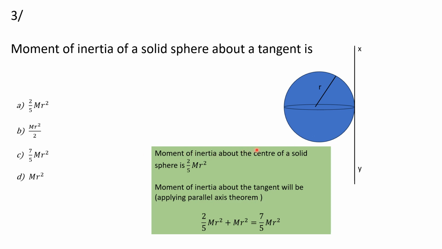We know the moment of inertia about the center of a solid sphere is 2 by 5 mr square, and by applying the parallel axis theorem, the moment of inertia about its tangent would be equal to 2 by 5 mr square plus mr square. This mr square comes from the fact that the mass of the sphere is m and the distance from the center to the tangent is r. So 2 by 5 mr square plus mr square is equal to 7 by 5 mr square.